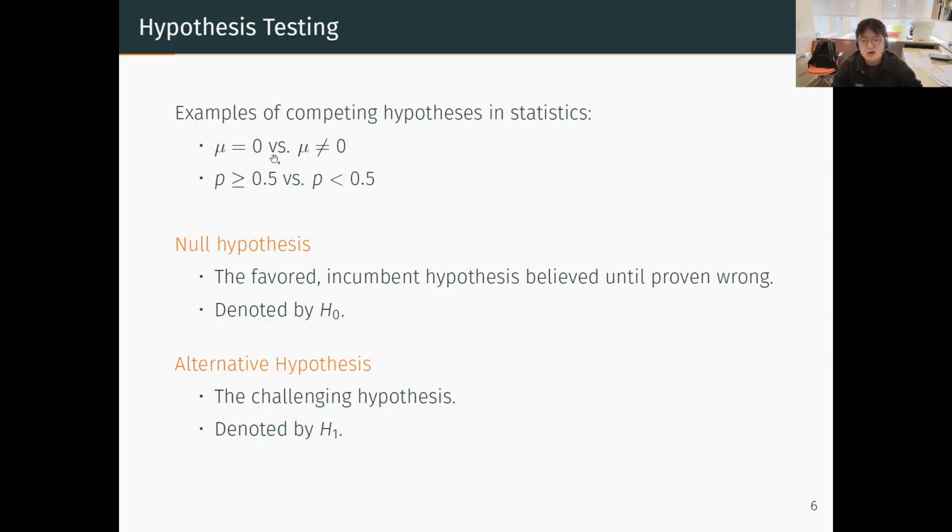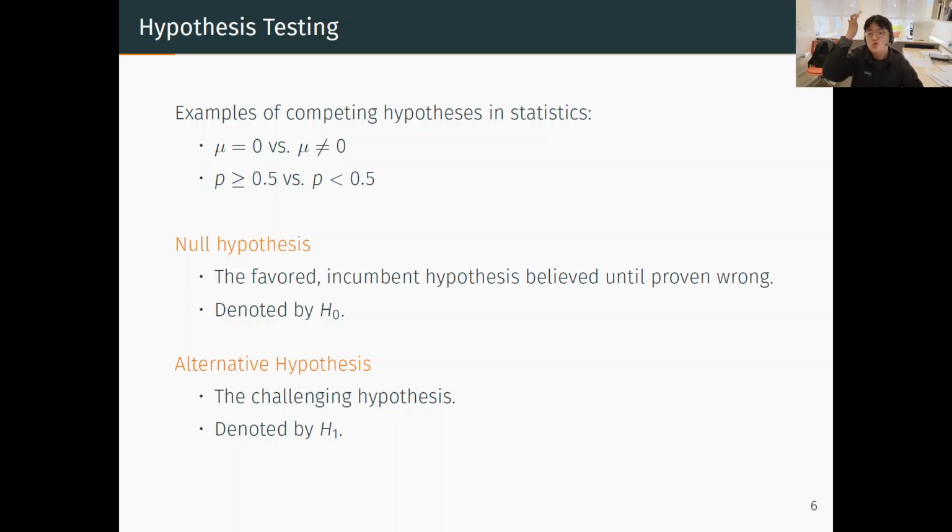And in answering this yes or no question, basically we are comparing two things. One is the null hypothesis. It is the favored, incumbent hypothesis that is believed until it's proven wrong, right? It plays the role of geocentrism, or the product that you have been using, or the innocence in the trial.